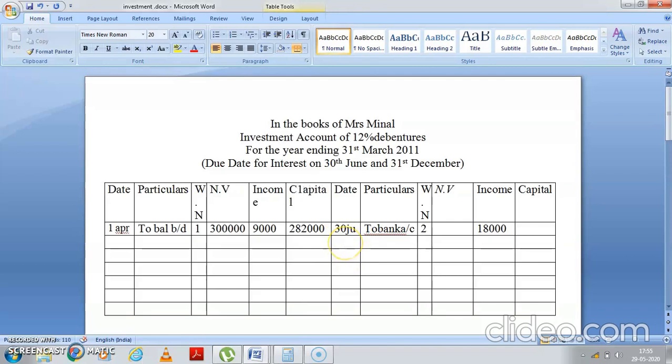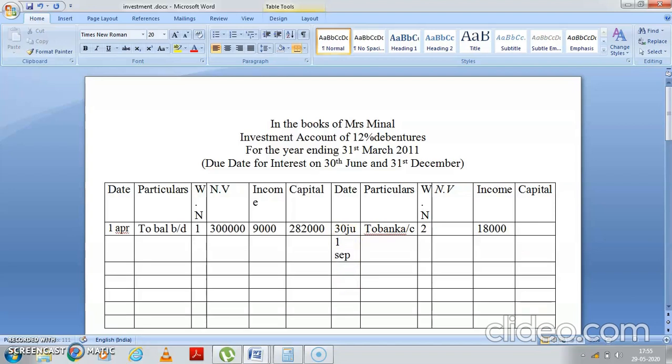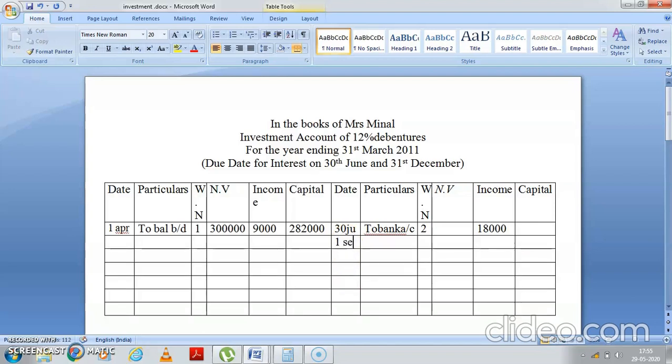So it is first September. It is 1st September. You're going to write here to bank.